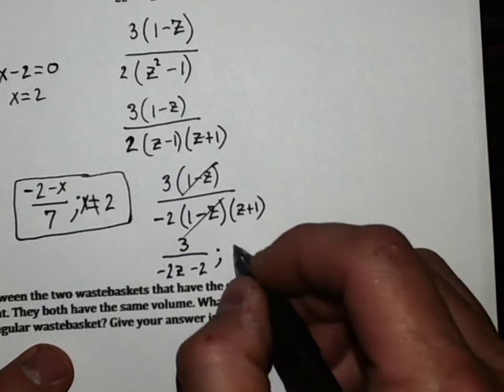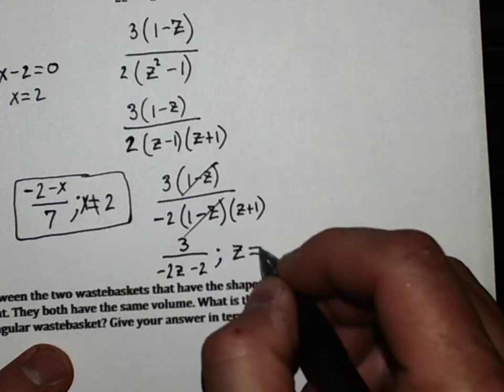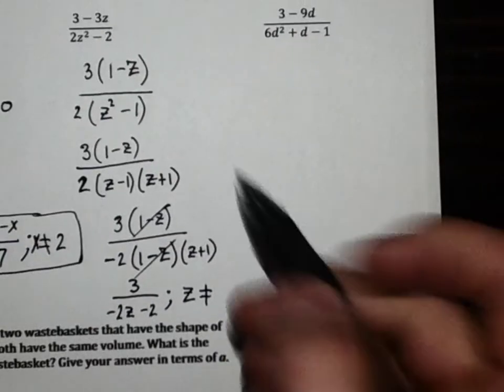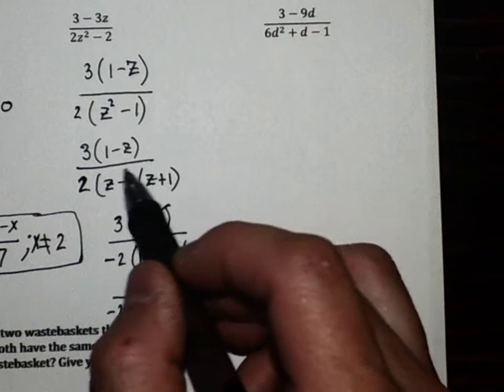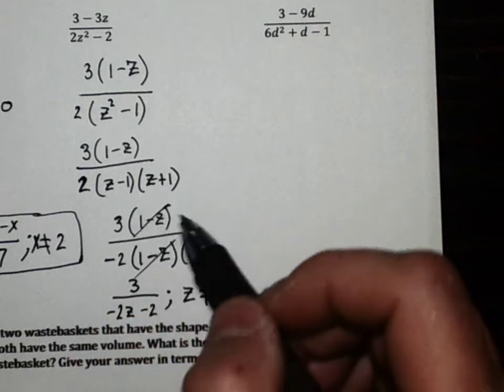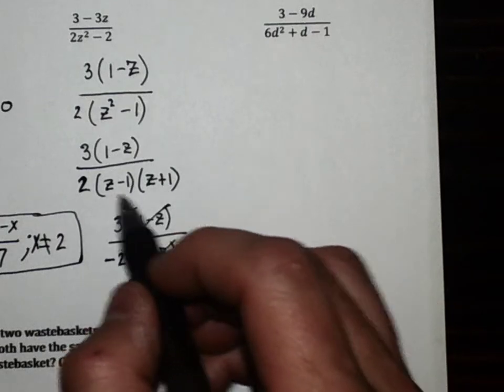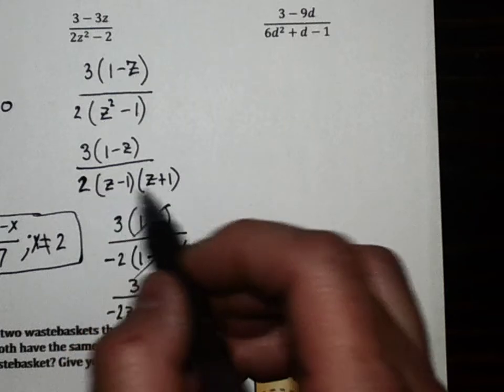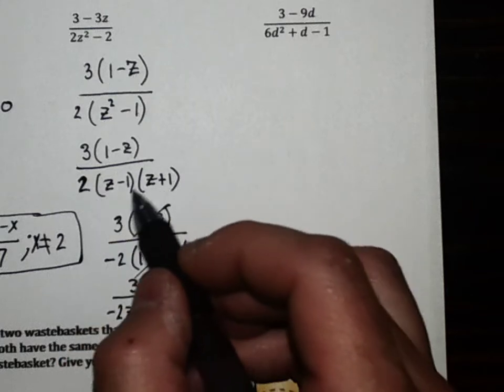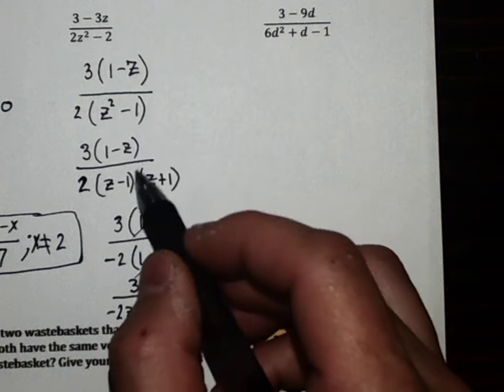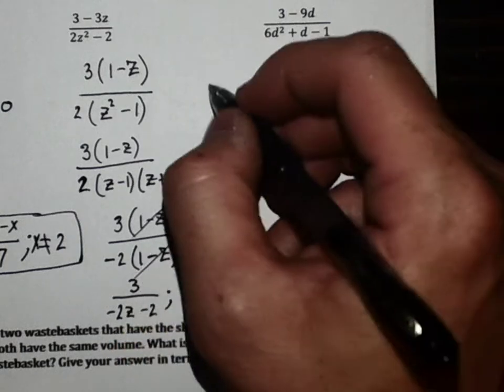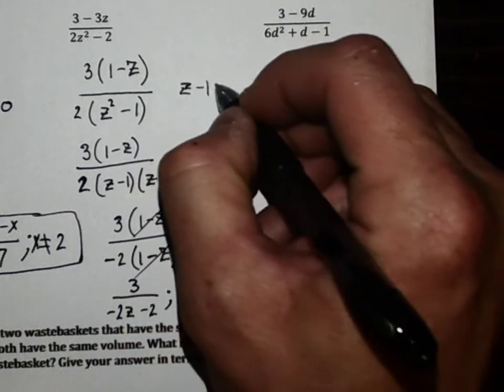State your restriction. Z cannot equal. What can z not equal? Well, look at your factored form. Do you have more than one factor that has a z in it? If you do, this one could make it 0, and also this one could make it 0. So you must set z minus 1 equal to 0.